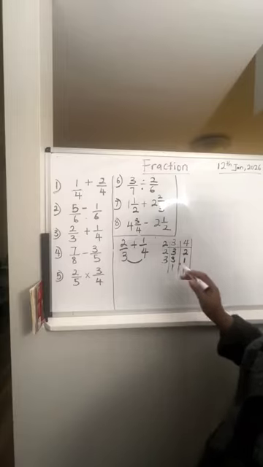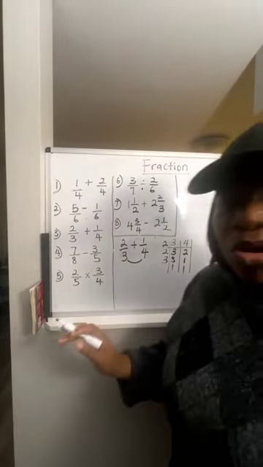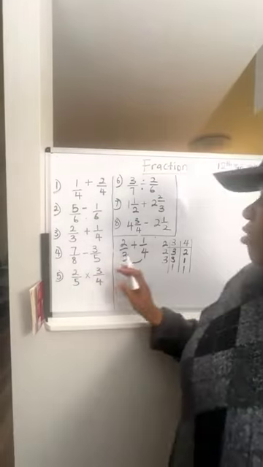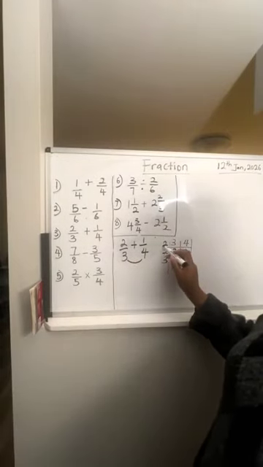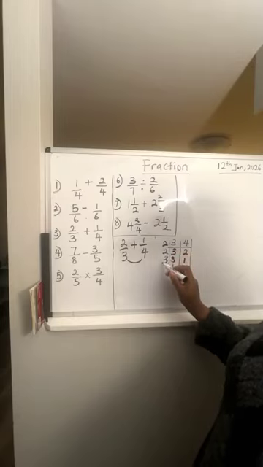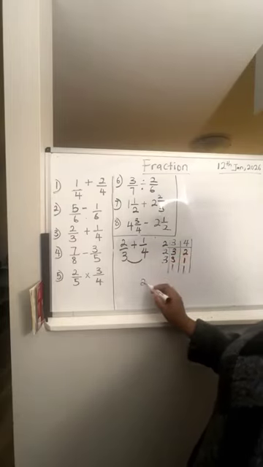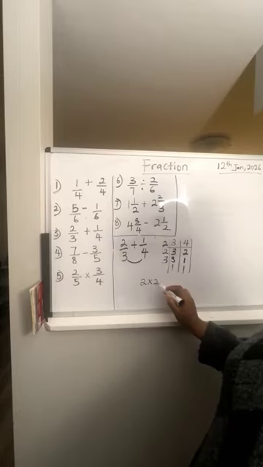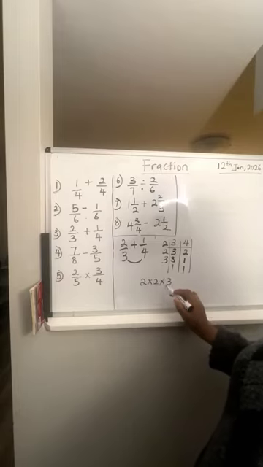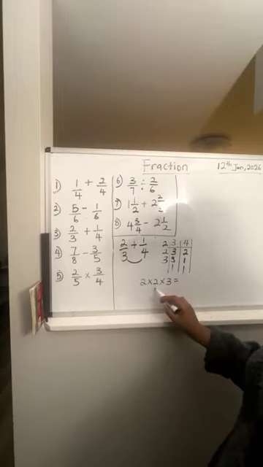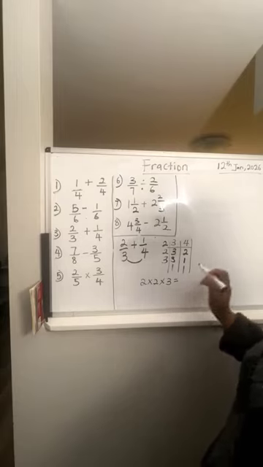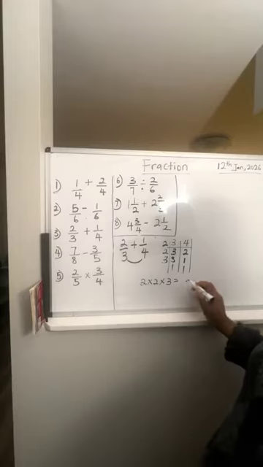So the lowest common multiple of these two numbers is this times this times this, which is 2 times 2 times 3. It will give you what? 2 times 2 is 4. 4 times 3 will give you 12.